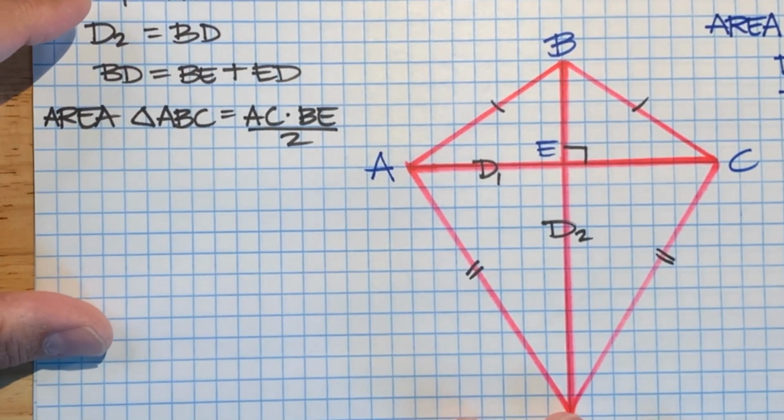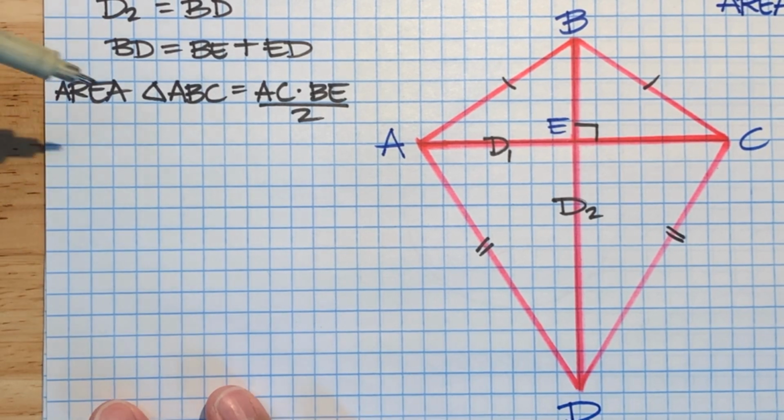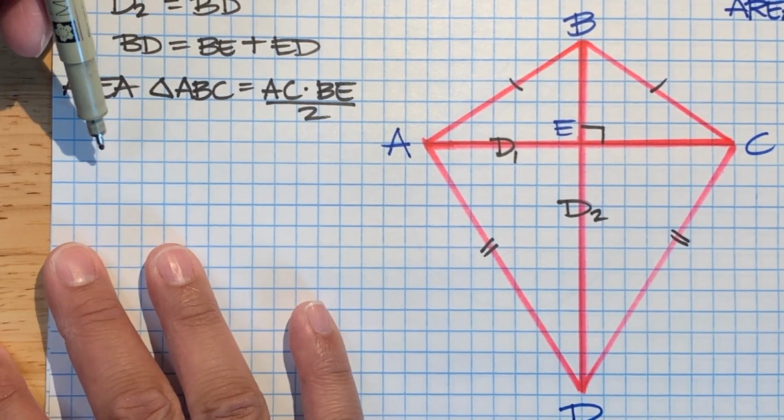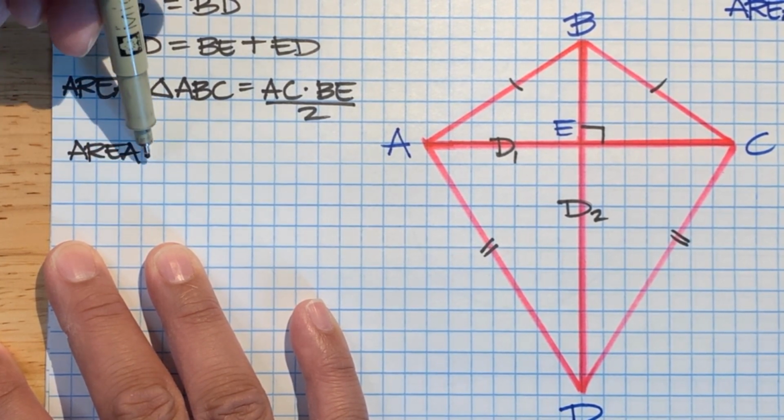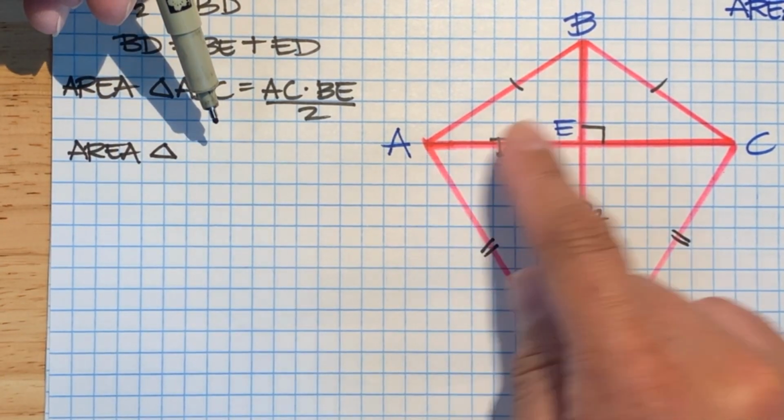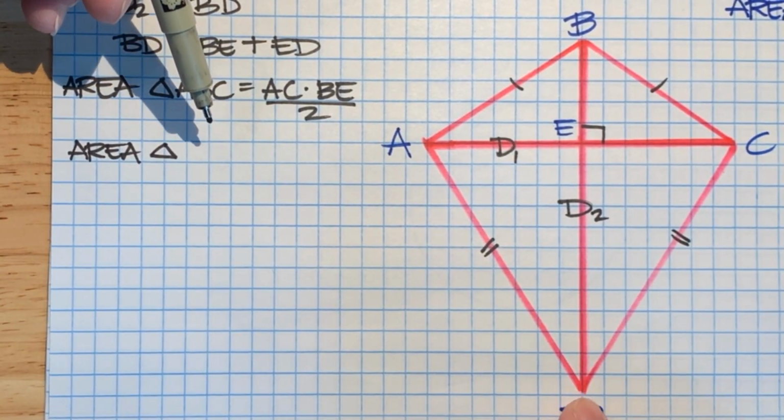Next thing in our proof, in our derivation, is the area of triangle ACD right here.